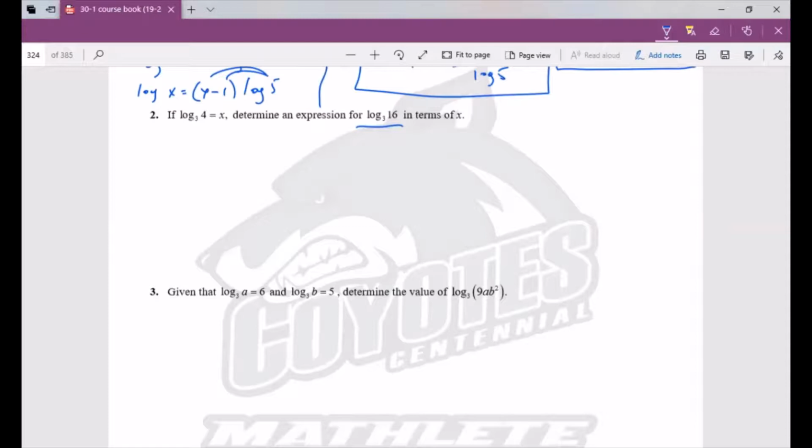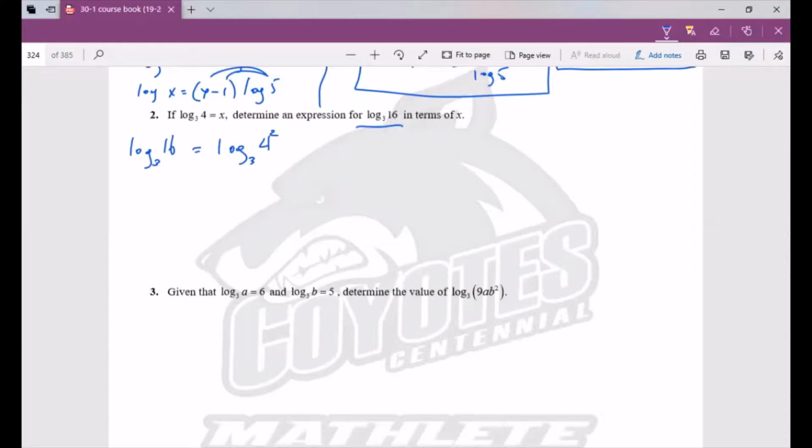So to do a question like this, let's start with log 16 base 3 and use our logarithm laws to show what that's equal to. We're trying to incorporate this x, which is log 4 base 3. So there's our hint that we want to change this to something to do with 4.